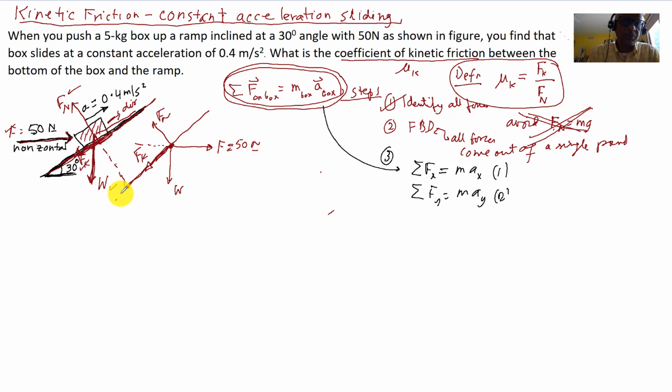I'm going to think of this as the x-axis and this as the y-axis. Because of this angle, let's call this theta, then this is theta. If this is theta, then this is 90 minus theta, so this will be theta. That's theta, that's 30 degrees. That also means this is also theta.